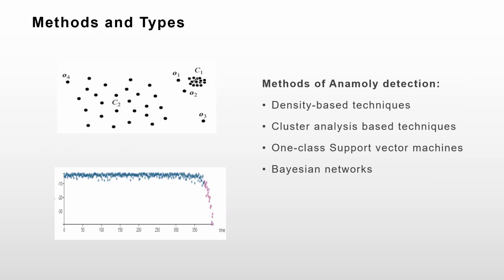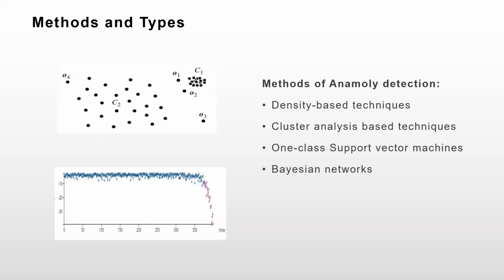We have many points in the figure, and we can see that at C1 the density is more, and at C2 the density is less, and O3, O2 and O1. O3 is far from the other points, the density around O3 is very less and it doesn't belong to any other groups. So we can say that O3 is an anomaly.